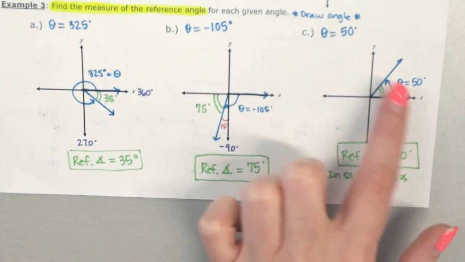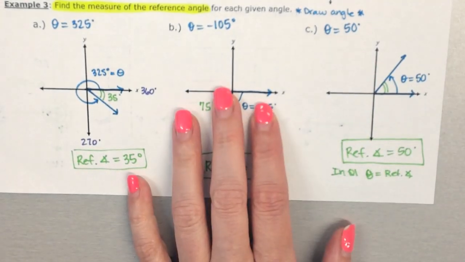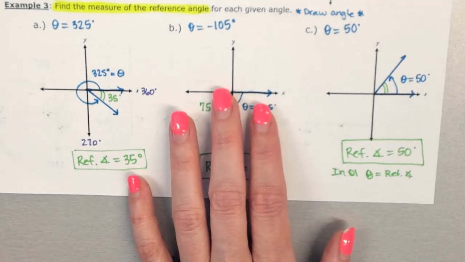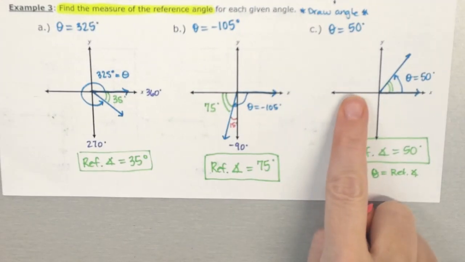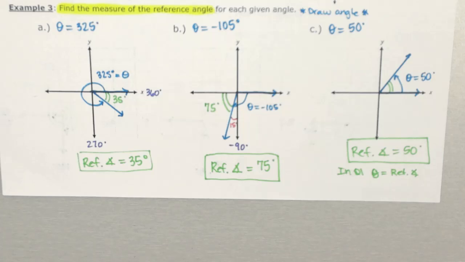Yep, if the terminal side was there, so that could be if theta equals 90. Could be 90 plus the 360. Yep, if it was 270, great. What if it was 180? If it's 180, your reference angle would be 0 because you wouldn't have any distance to get to that.